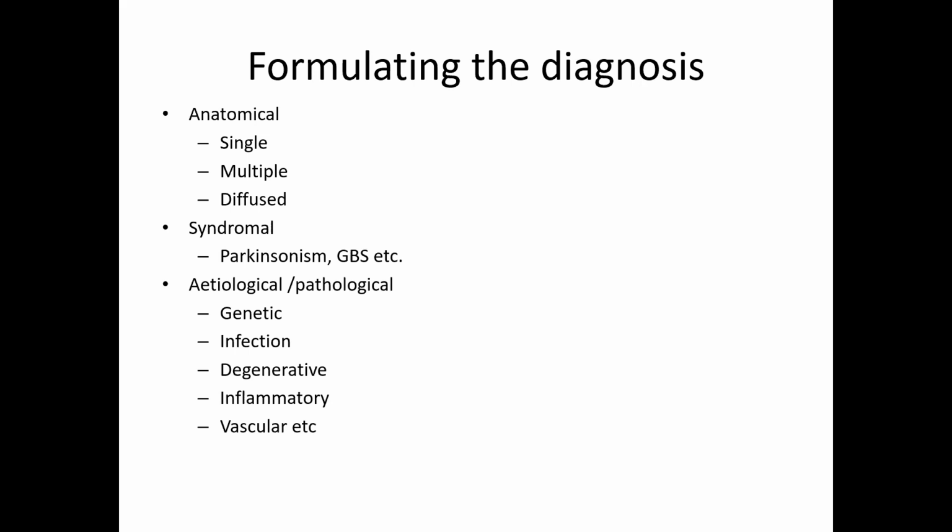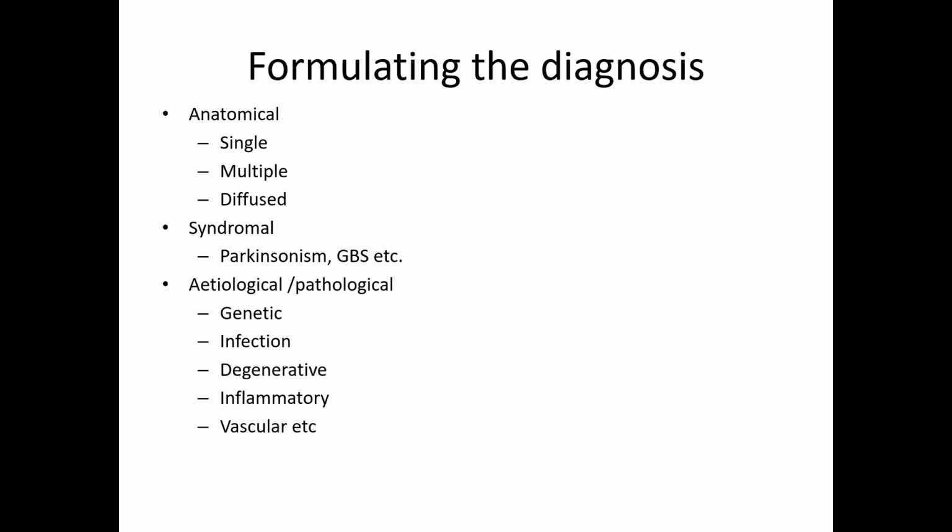Multiple, for example, the best example is multiple sclerosis, but I doubt that you have that in Burma. Another example is someone who has diabetes, and the patient may well have a diabetic neuropathy, and may well have a stroke because diabetes is a risk factor. On top of that, the patient may well have cervical spondylosis. So that is multiple.